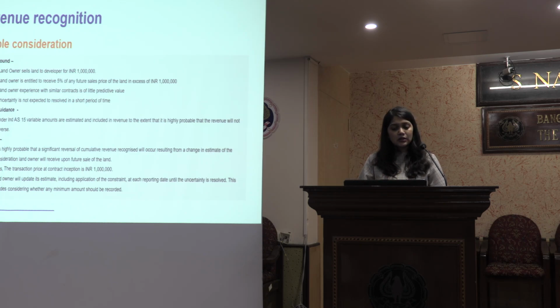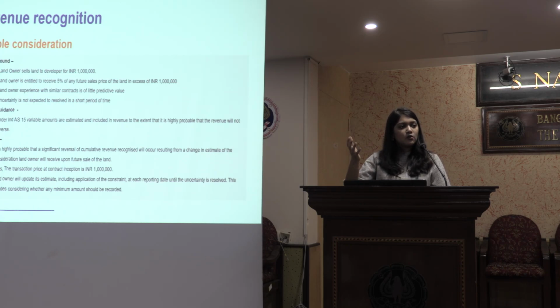But there is another line in the guidance which says that these variable amounts should be estimated and included in revenue to the extent that it is highly probable that the revenue will not reverse. So there has to be a constraint applied when doing the assessment for this variable consideration. Whatever amount you are including in the revenue, there should be a high probability that the revenue will not reverse in future.